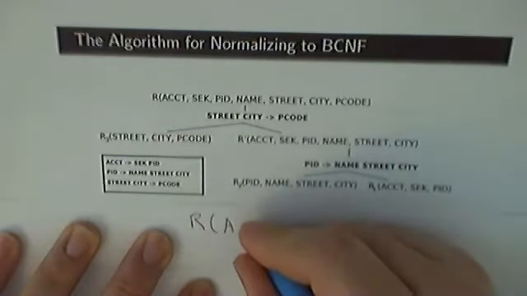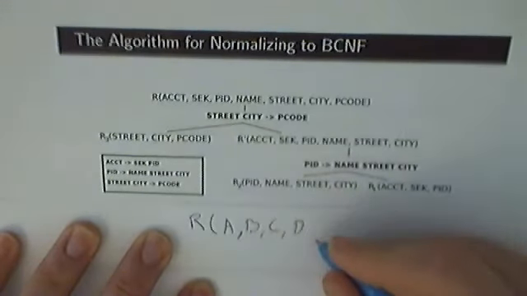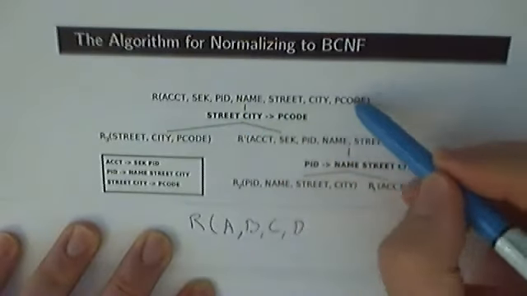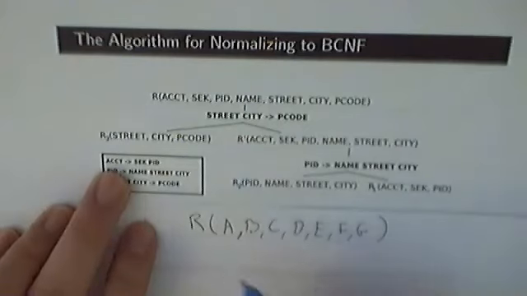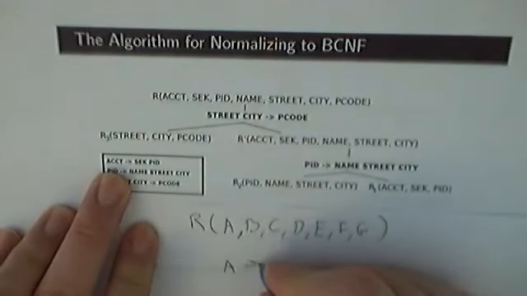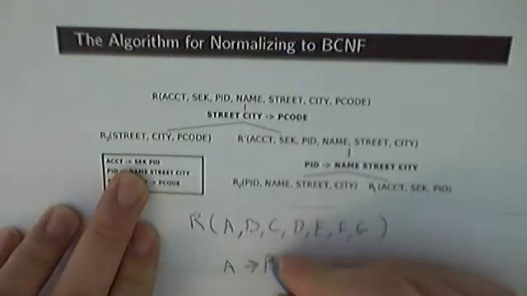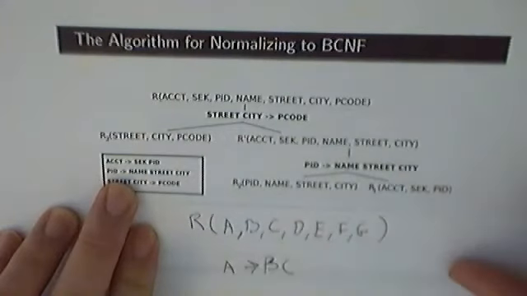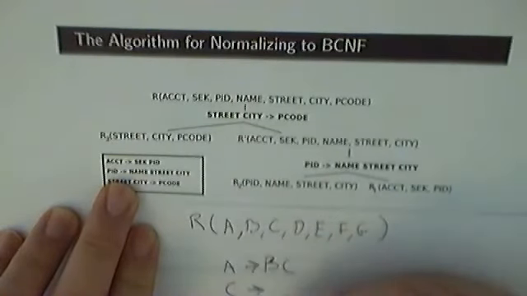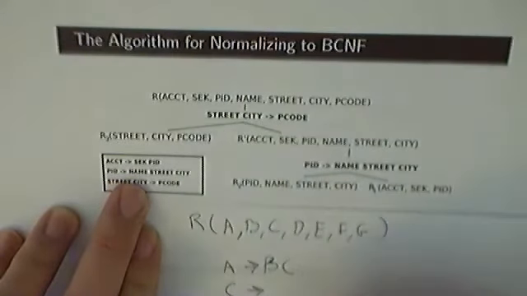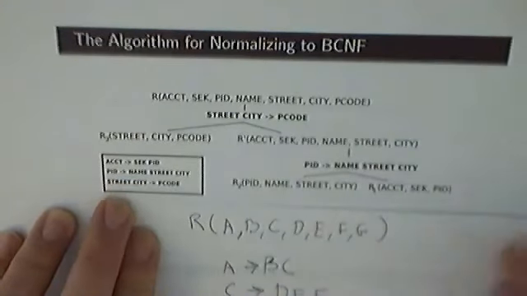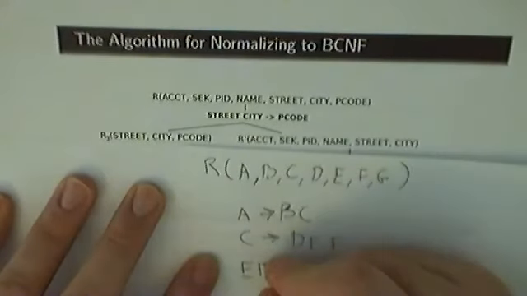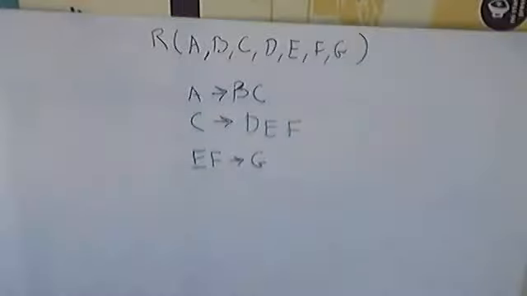I'm just going to say A, B, C, D, E, F, G. And then we have this, that is A, now SEC, that goes to B, C. This PID here is C. So C goes to D, E, F, right? And then EF goes to G.